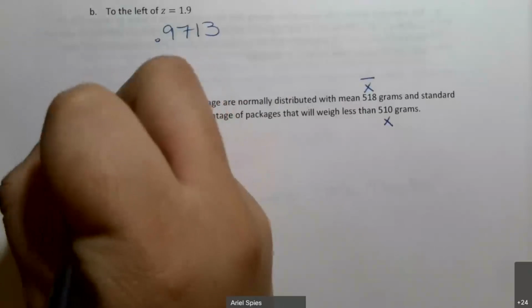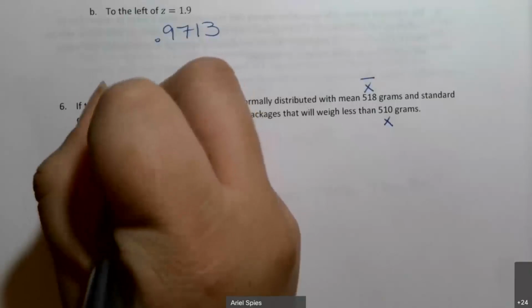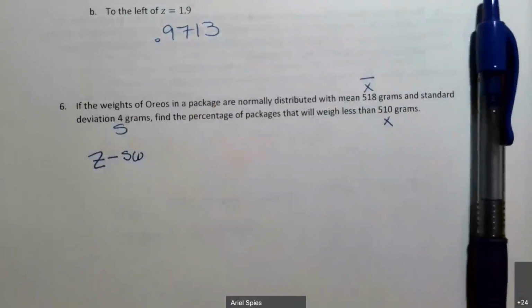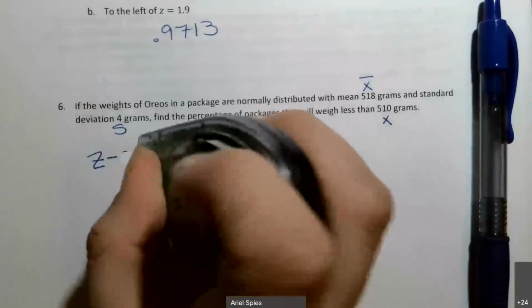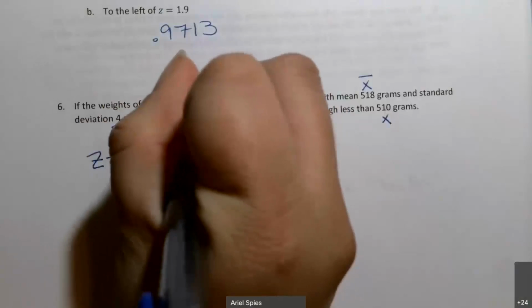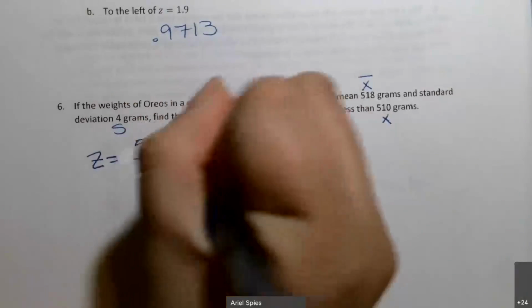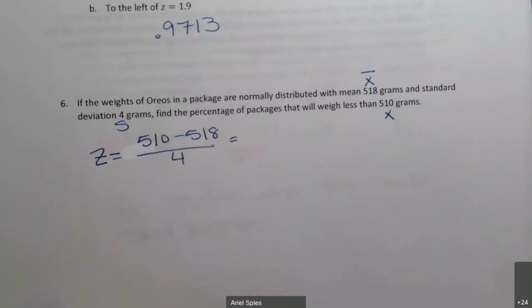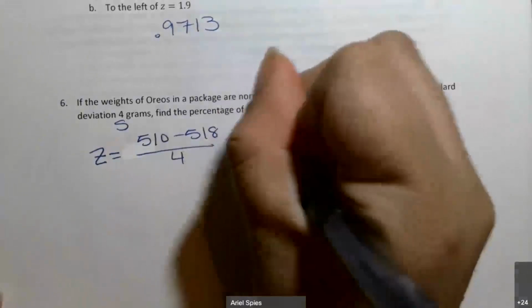So I'm going to first start off by plugging this to get my z-score. I wanted to write z equals, not z-score. So I'm going to do the 510 minus the 518 and divide by 4, which gets me negative 2.